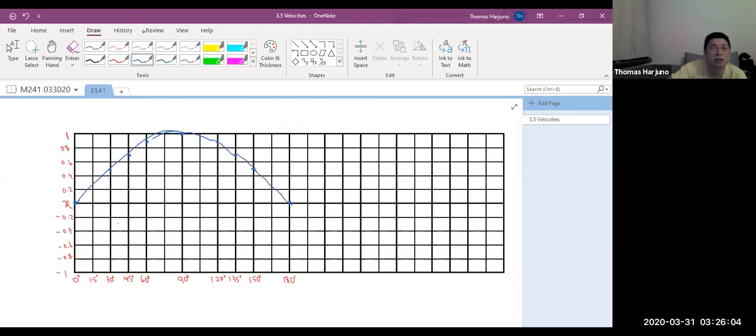So approximately that's the sine graph. I don't like this graph.